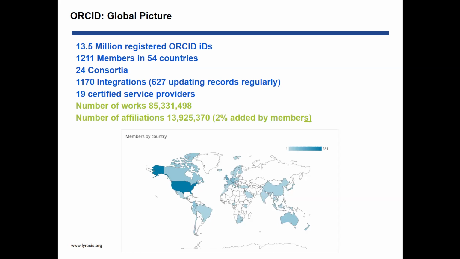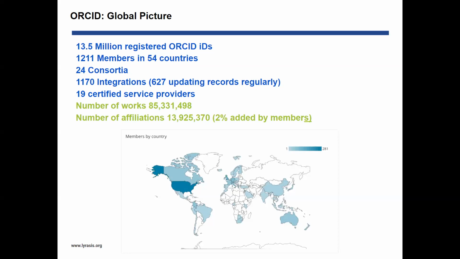And 627 of them are updating records regularly, so are actually active integrations, and 19 certified service providers, and this number is growing as well. And at the end, we have over 85 million works and 13 million affiliations added to ORCID.